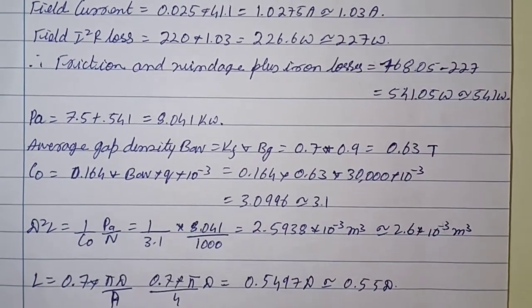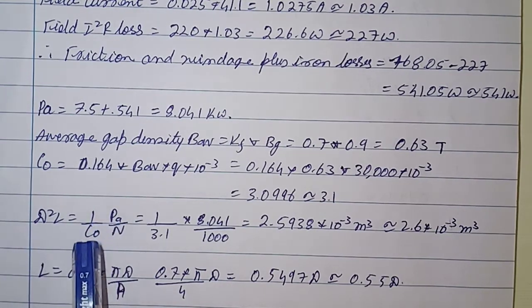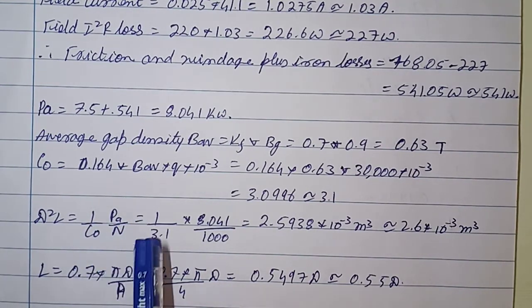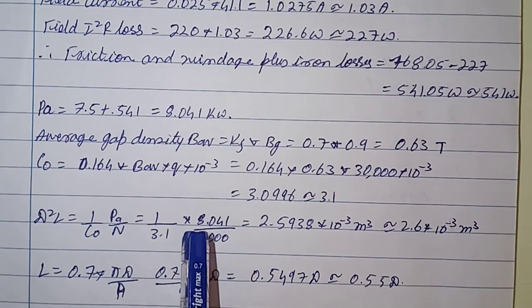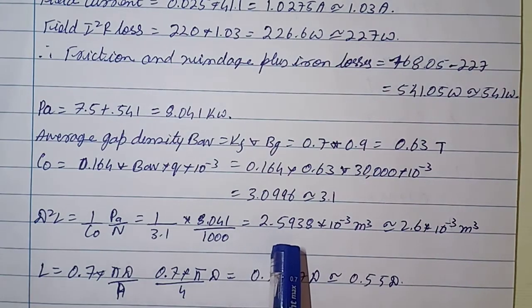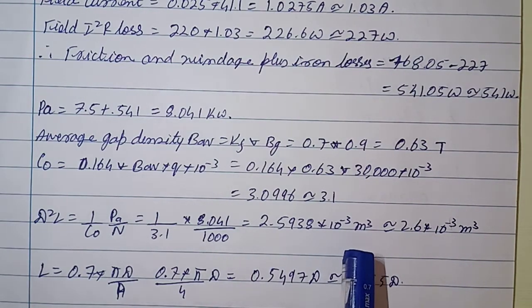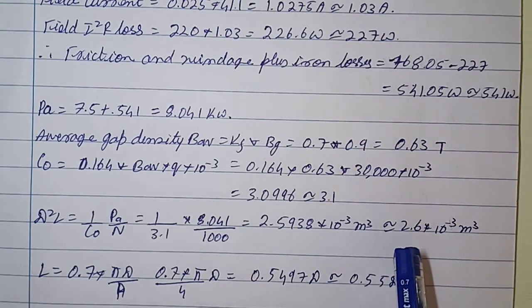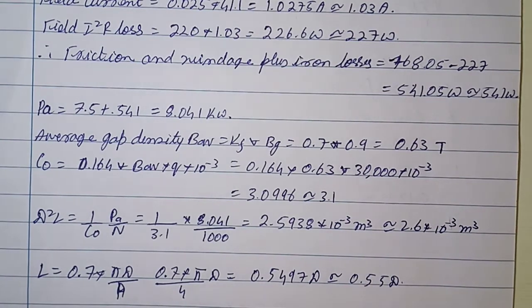Then again the same equation, d square L is equal to 1 by C naught into PA by N. So 1 by 3.1 into 8.041 divided by the speed in RPM, which is equal to 2.5938 into 10 raised to minus 3 meter cube, approximated to 2.6 into 10 raised to minus 3 meter cube.